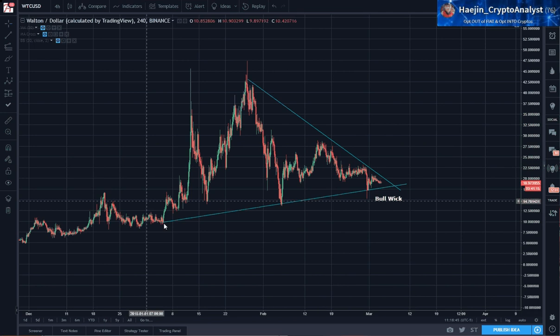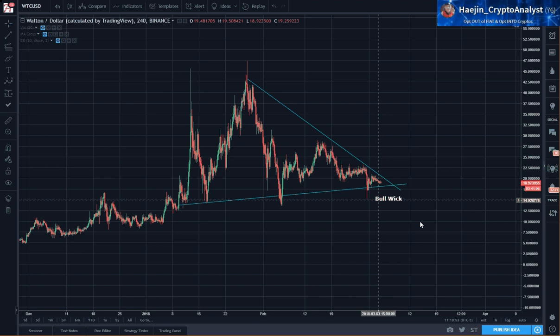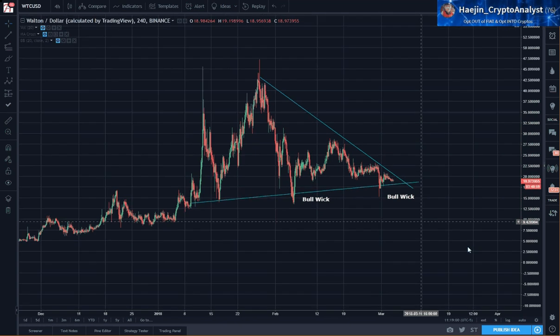Now we can also redraw this and say we have two potential bull wicks. So you can notice here price was just skydiving, came right back inside in a very three-wave fashion, three-wave down.